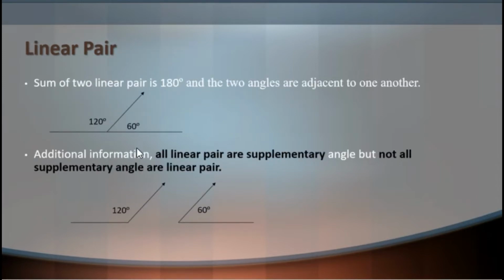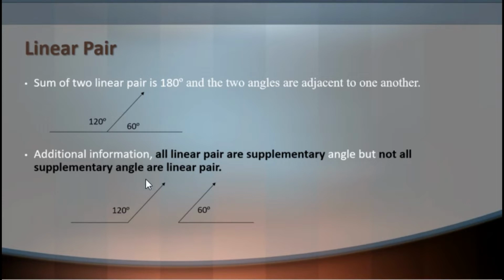Linear pair. Whenever we have a line crossing a single line, we call the two created angles a linear pair. These two angles are supplementary to one another, meaning that they add up to 180 degrees. So if we don't know one of the angles, but we know the other one, we can subtract 120 from 180 degrees in order to find the unknown angle.